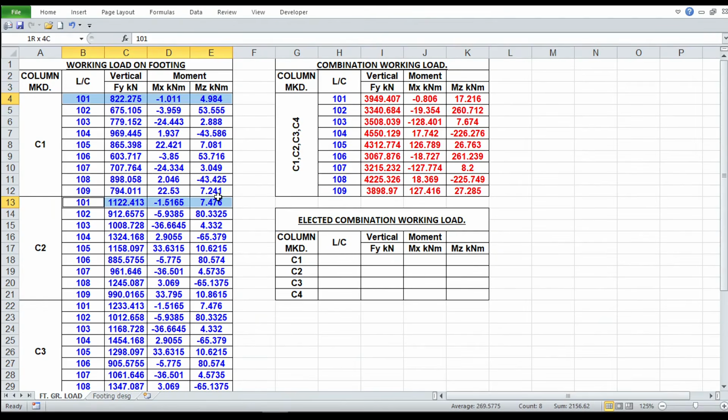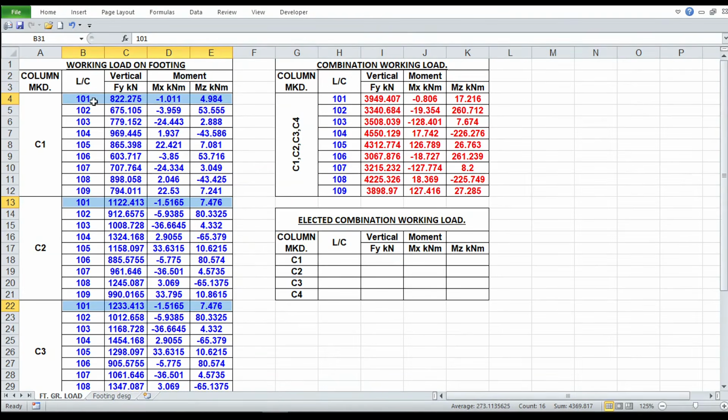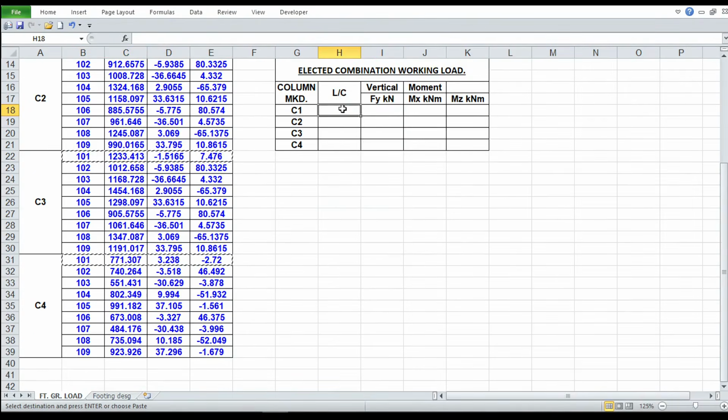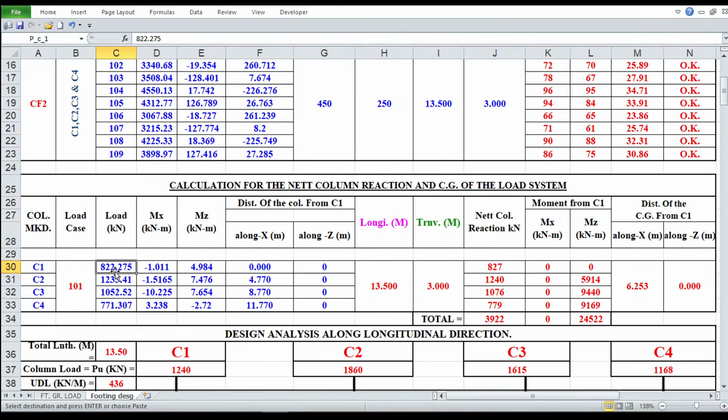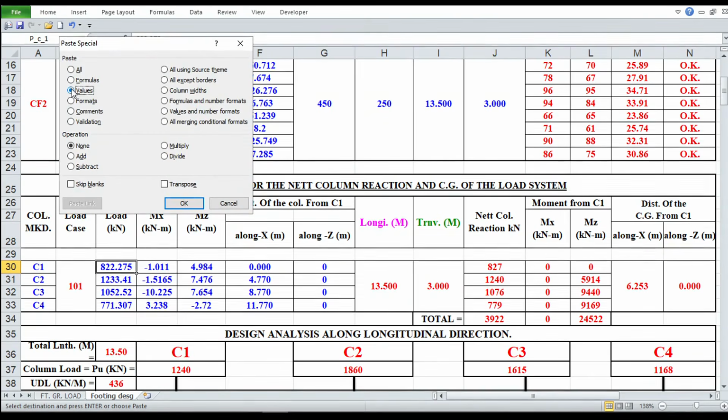Pressing the control switch, we are selecting this load. Copy, paste. Now once again, copy, paste special value.